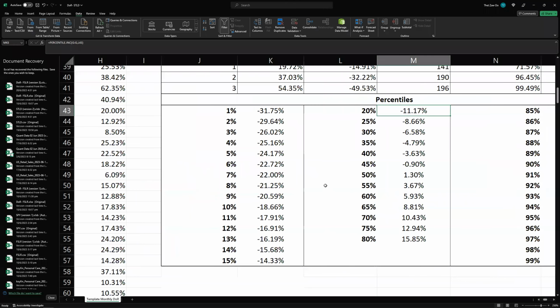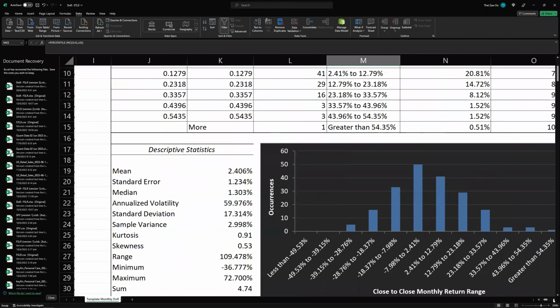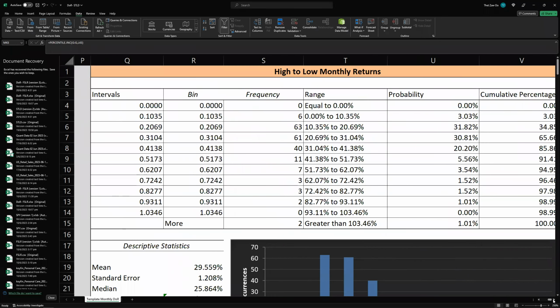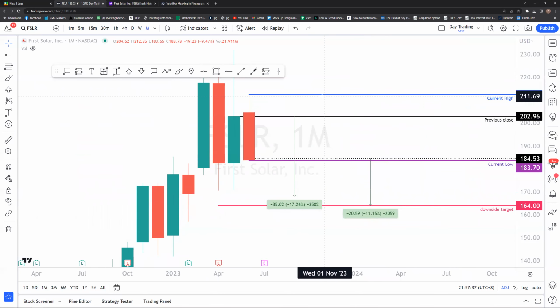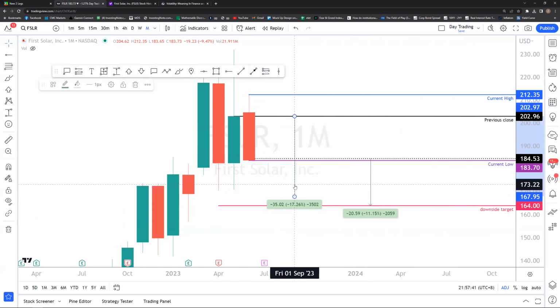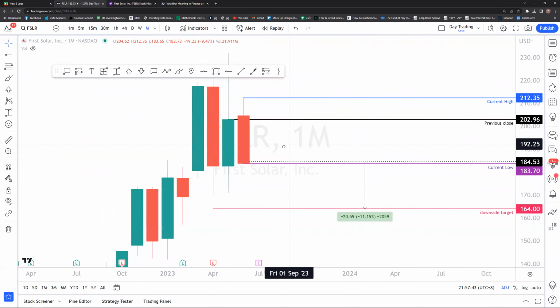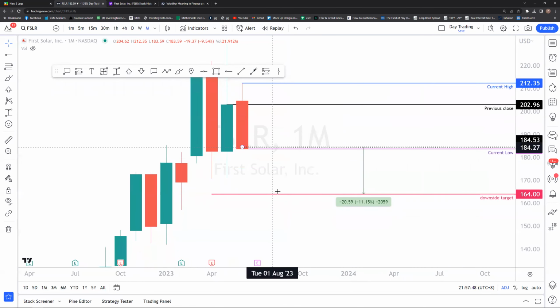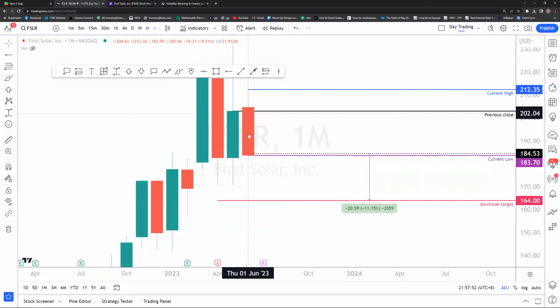Next, let's take a look at the high to low. If you add in the high to low, it can become a little bit tricky. We have the current high here, and this is the current low. So from a high to low perspective, what is the chance of First Solar hitting our downside target this month?